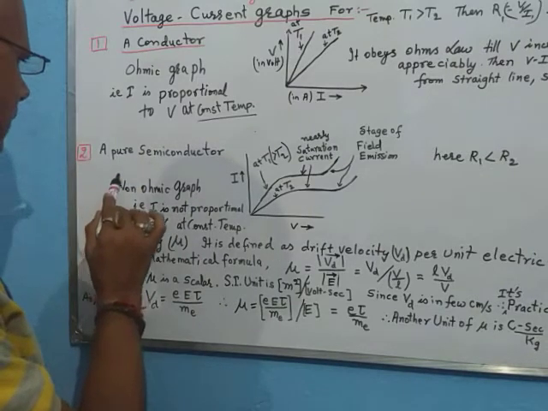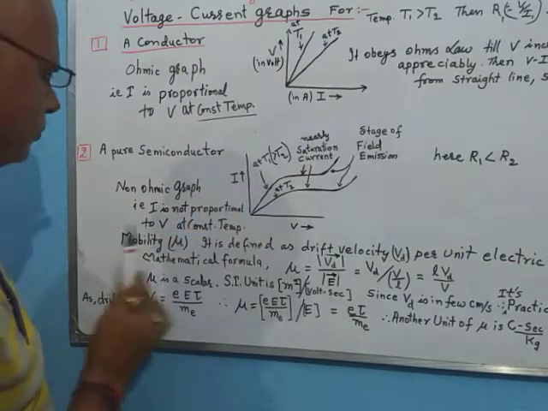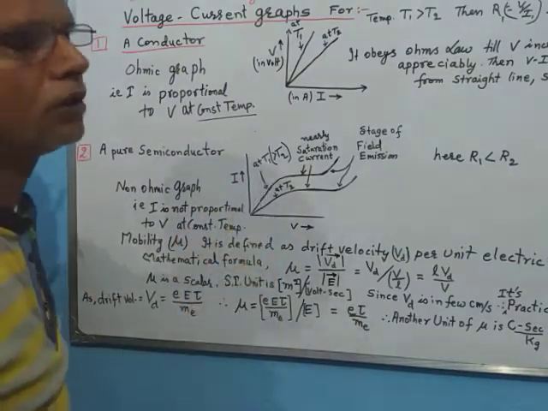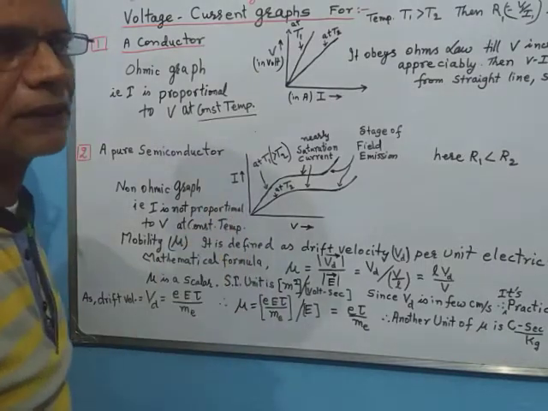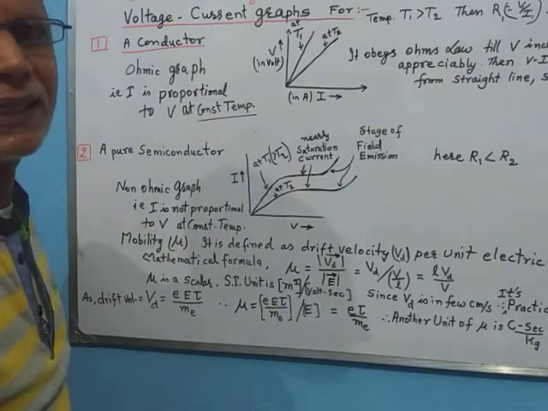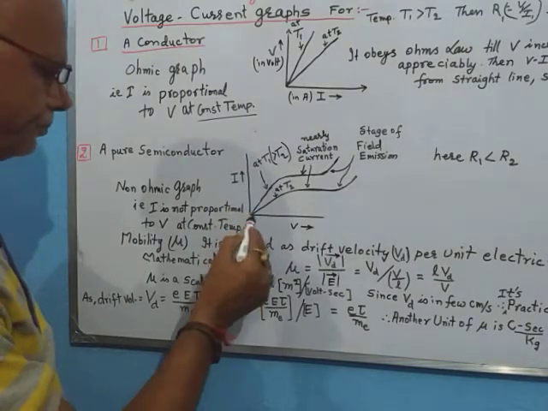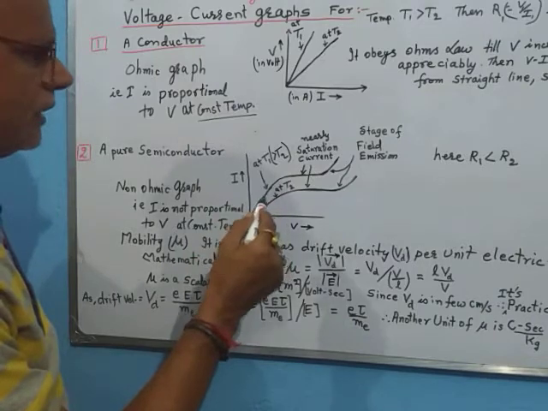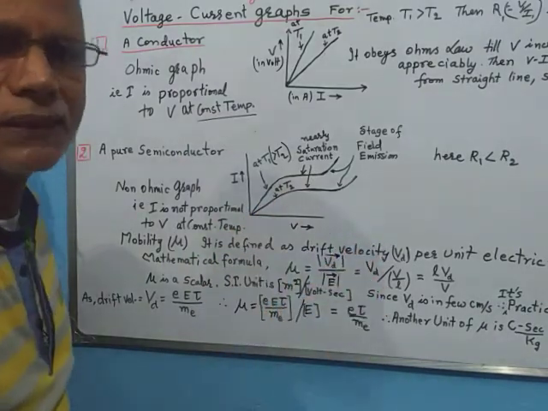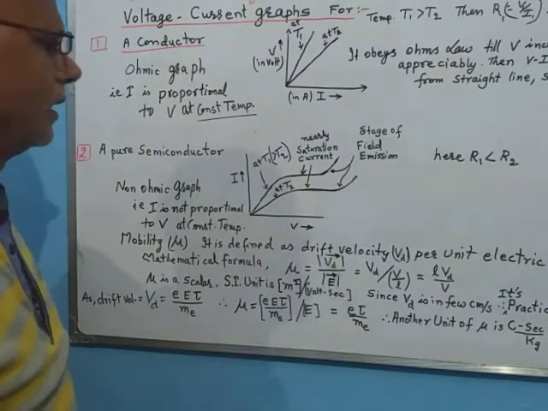Now we talk about a pure semiconductor. In a pure semiconductor, the graph is no longer ohmic, which means the voltage and current relationship is not a linear straight line. Of course we are not at a temperature of 0 Kelvin, because at 0 Kelvin we don't have any free electron in a semiconductor, so it won't have any current flowing.